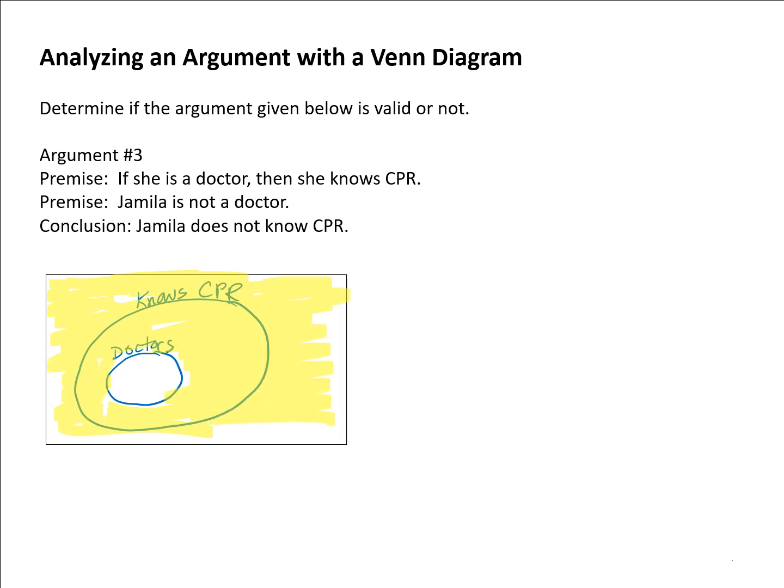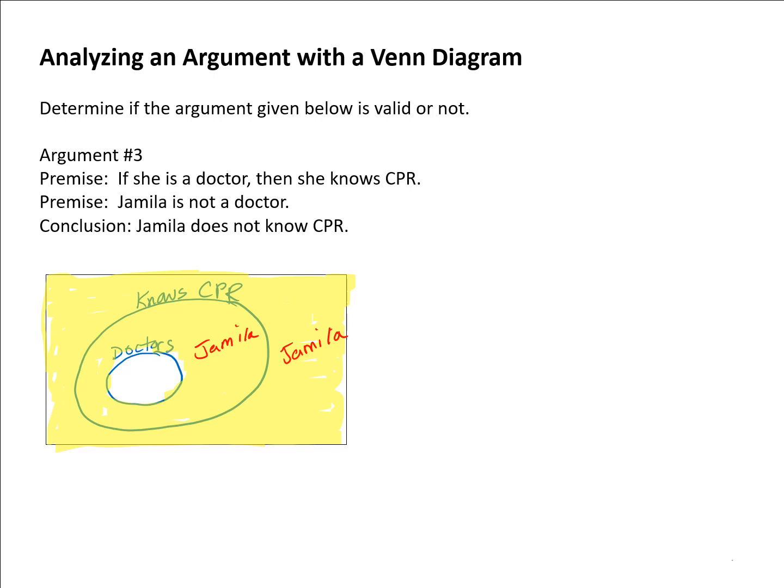So if we think about the locations for someone who is outside of the doctor circle, which is what Jamila is, Jamila would have to be outside of the doctor circle, but within the CPR circle. So Jamila could be here. But Jamila could also be outside of the doctor circle and outside of the CPR circle. So Jamila could also be here.